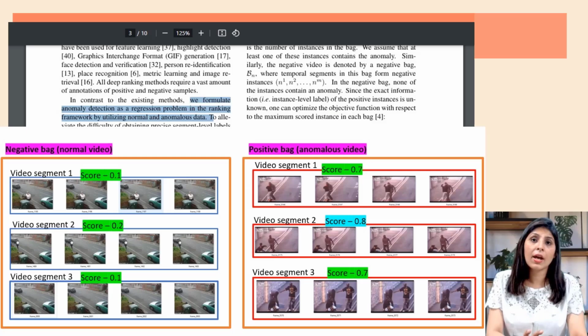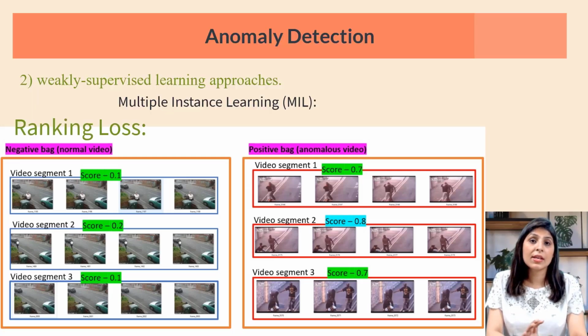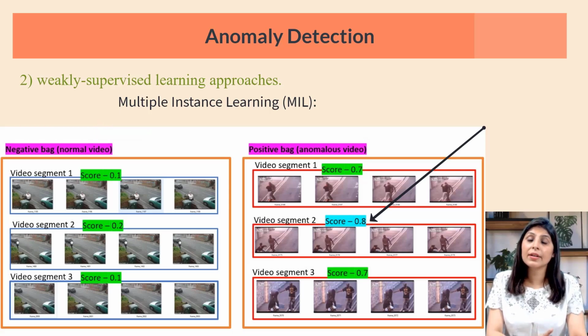The idea behind using a ranking loss is to ensure that the highest anomaly score of a positive bag is higher than the highest anomaly score of a negative bag. This is because not all the segments in an anomalous video may be anomalous, but at least one segment should have a higher anomaly score than all the segments in a normal video.